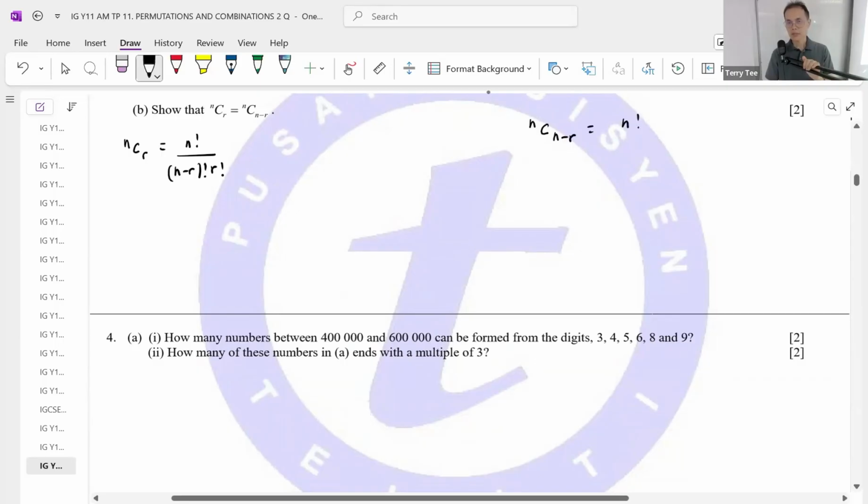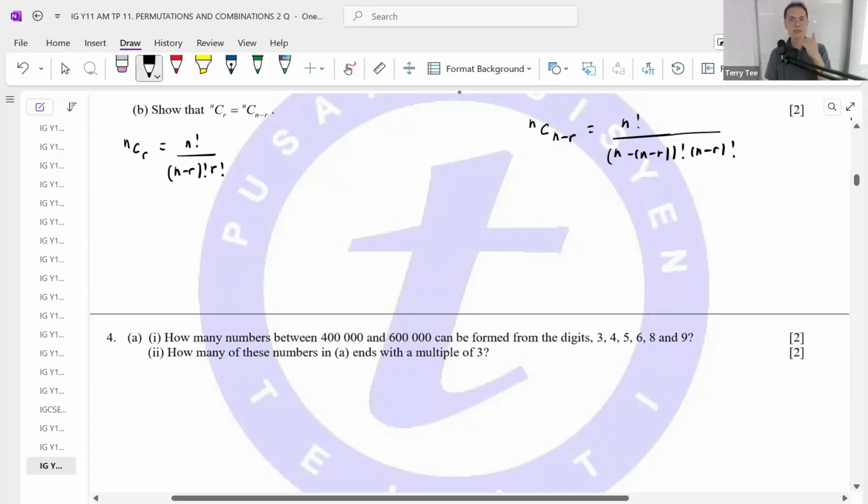So you're going to do n factorial over (n minus r) factorial, followed by (n minus (n minus r)) factorial. So how do you go from here to here?